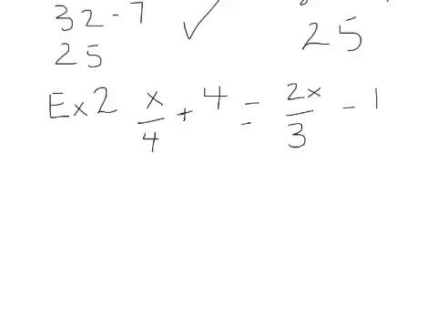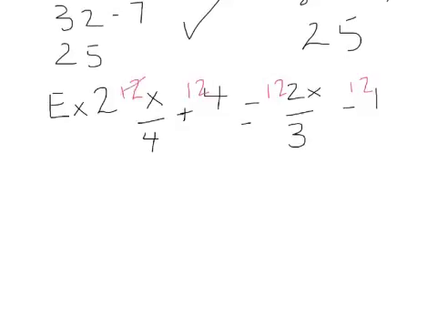The easiest thing that we can do here is to first remove all of our denominators by multiplying all 4 terms by a common denominator so that we can cancel out our denominators. So I'm going to multiply all my terms by 12. It's important to be sure you do it to all terms involved.